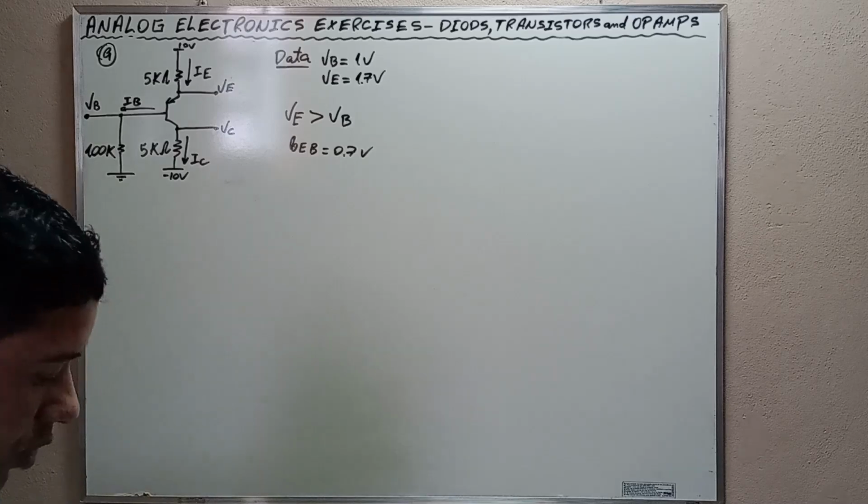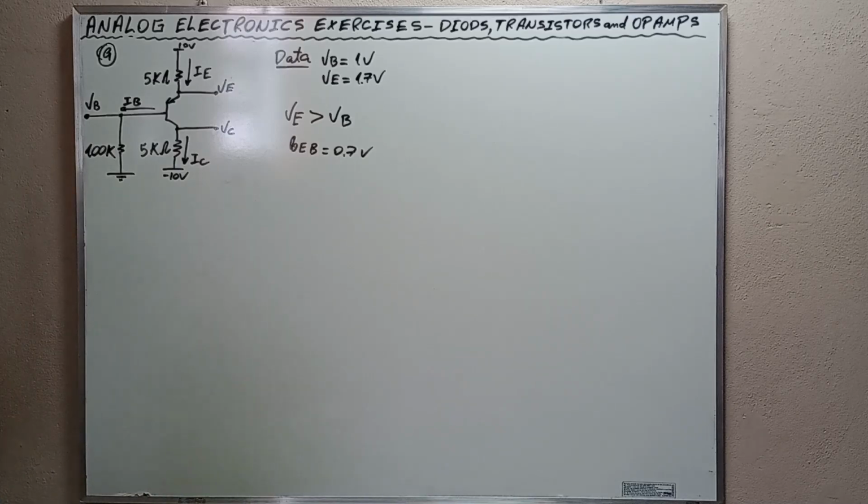We are going to suppose active mode of operation. It is an assumption. If it holds true, then our calculation is right. If there is any inconsistency, instead of active mode of operation, we are going to need to suppose saturation. As the voltage at the emitter is greater than the voltage at the base, we are going to assume active mode of operation.